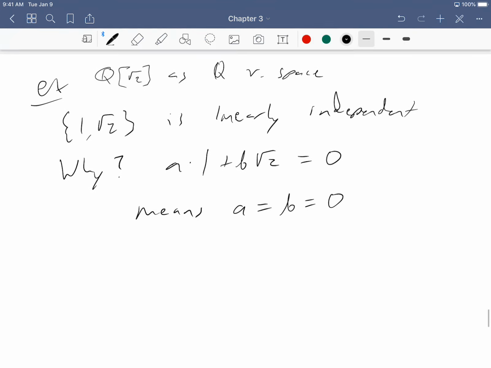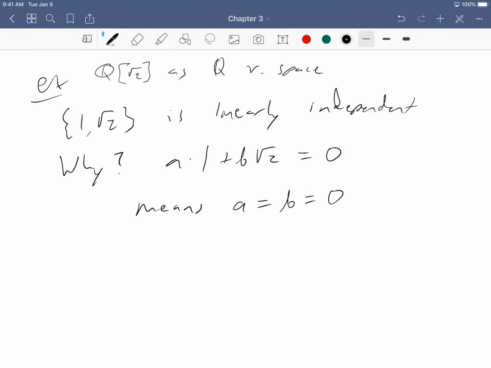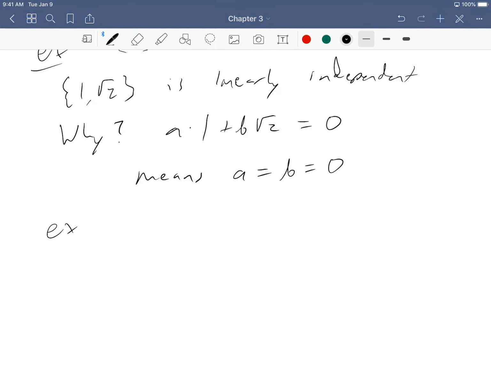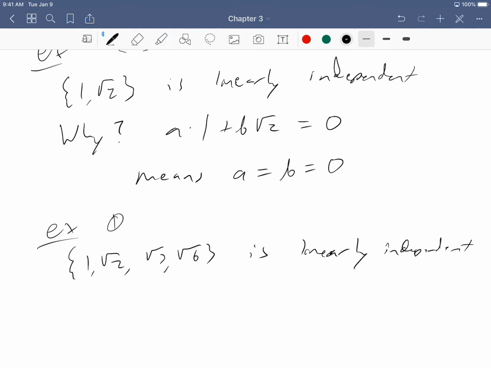And what we were doing there with why do we care if something is 0 is really getting at this idea of linear independence. Okay? So another one, the set {1, root 2, root 3, root 6} is linearly independent, and here we're thinking of Q(root 2, root 3) as a Q vector space.